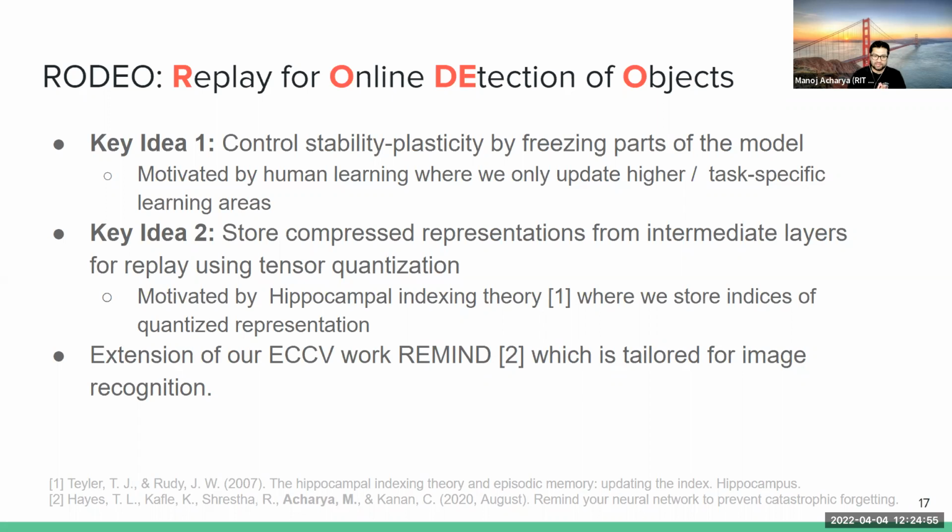The second key idea is storing compressed representations from intermediate layers for replay using tensor quantization. This is also motivated by the hippocampal indexing theory, where we store the indices of quantized representations and then later retrieve those representations using the stored indices.